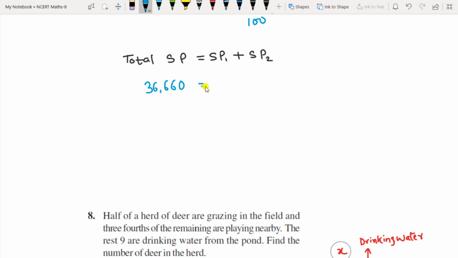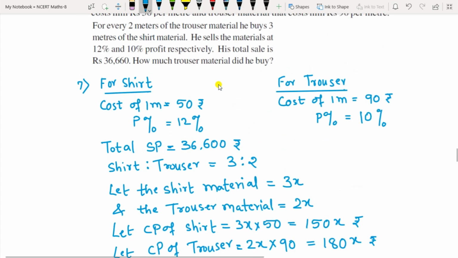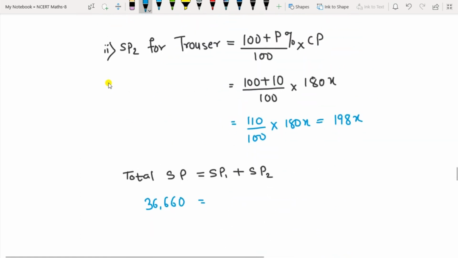Actually there is a mistake in the question. It is not 36,660 but it is 36,600. There is a mistake in the question.